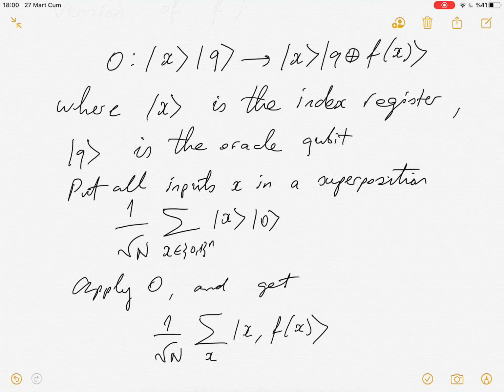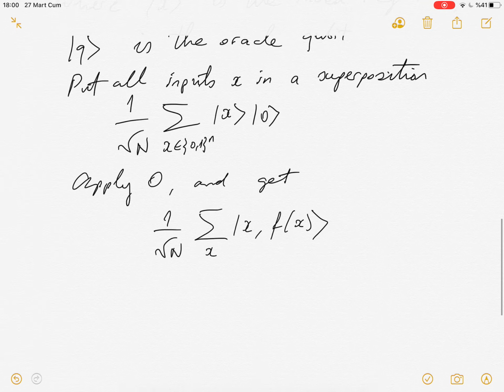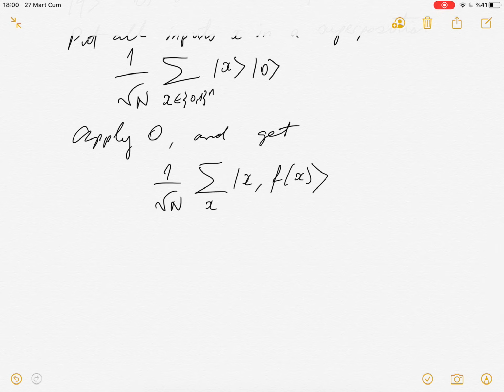Since q is 0, q XOR f of x is simply f of x. So what we have here is that all index values, all entries in our list, are put in a superposition of equal amplitudes.